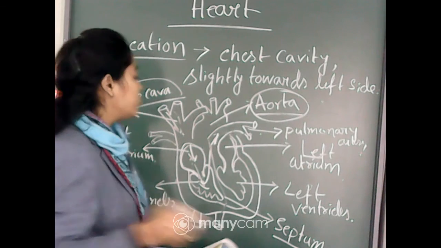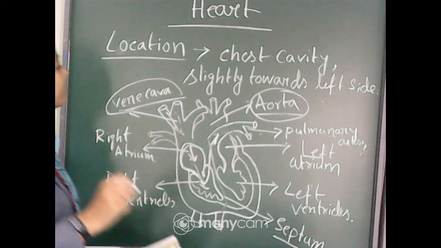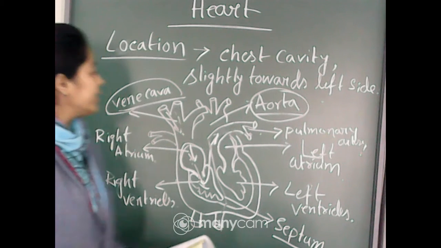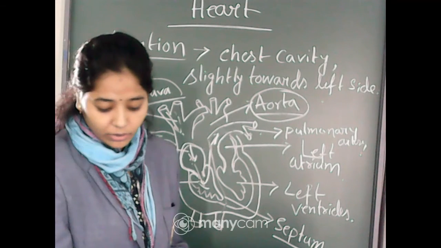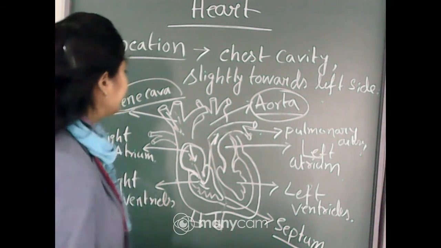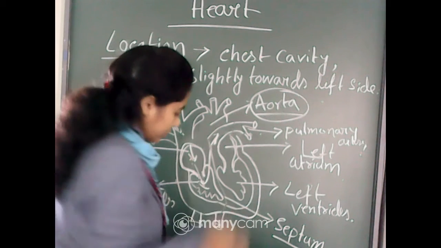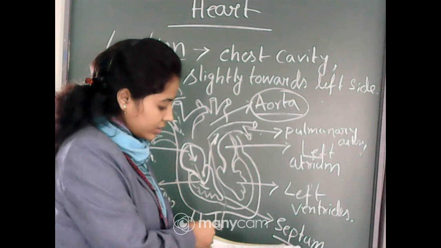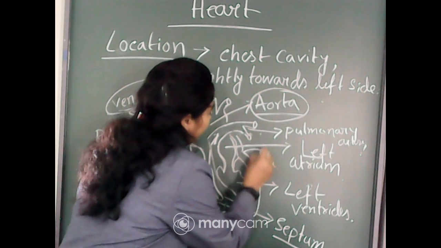So here we have seen how deoxygenated blood is circulated, and now comes oxygenated blood. Here I forgot to draw the pulmonary vein structure.